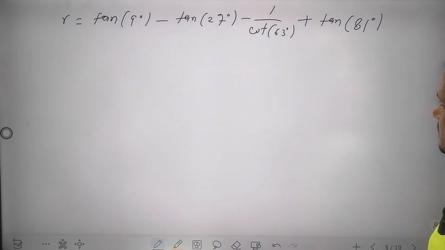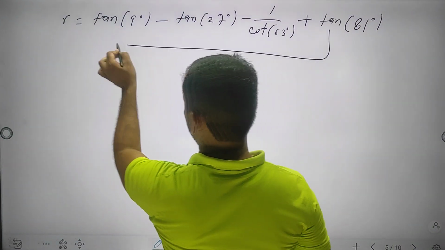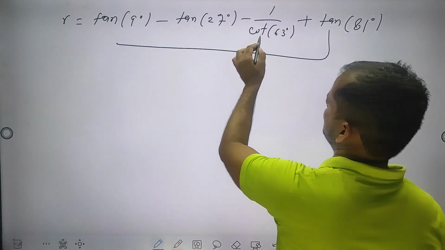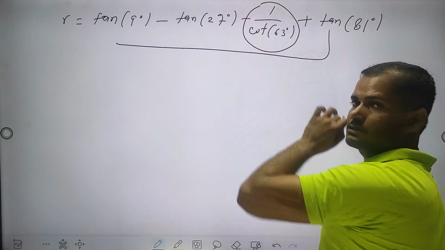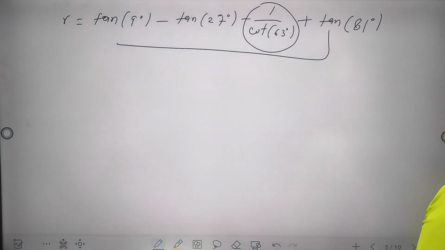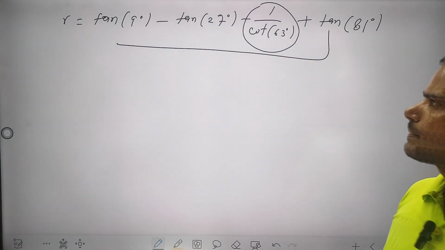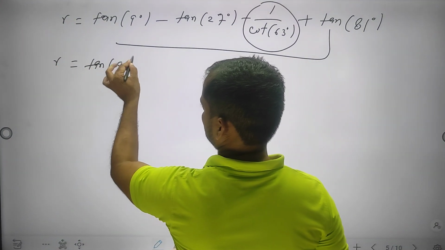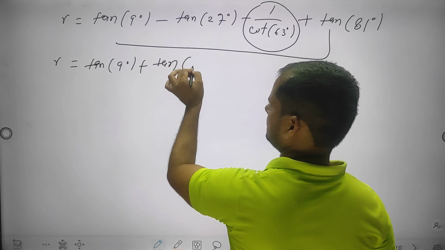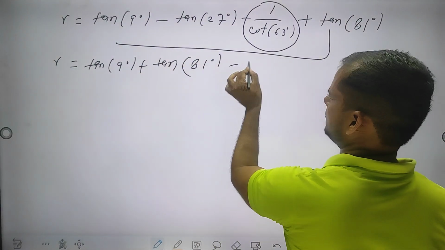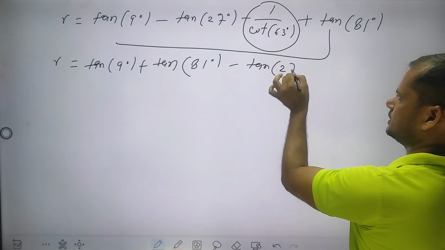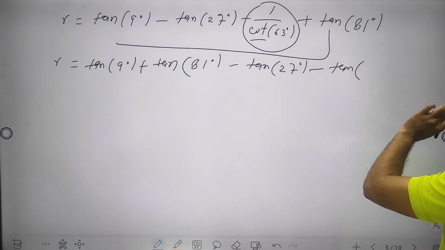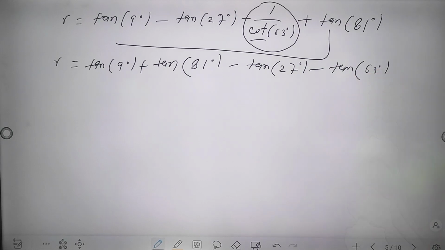Now if you swap tan 9 degree and tan 81 degree, and 1 upon cot 63 degree will be tan 63 degree, then r equals tan 9 degree plus tan 81 degree minus tan 27 degree, and this will be minus tan 63 degree.